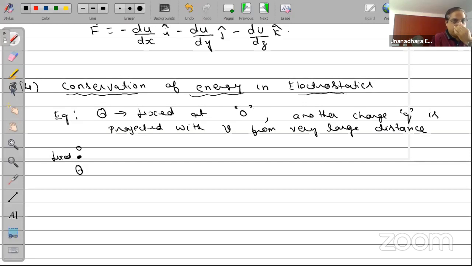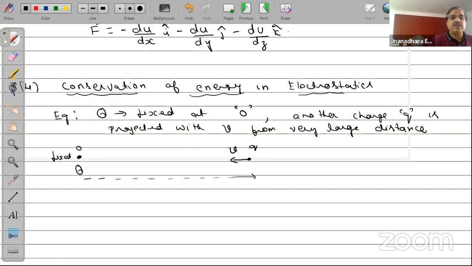My dear students, in the lectures that I always have, you will find a lot of these kinds of problem types, which will help you to solve the MCQs later very easily. Please pay attention and try to actually know this. So I have another charge Q, which I'm going to project with a velocity v, as shown in the figure. Now this distance initially is very, very large.